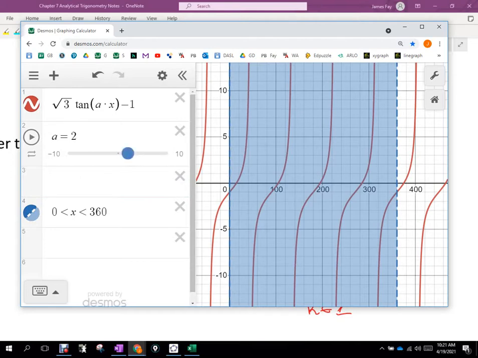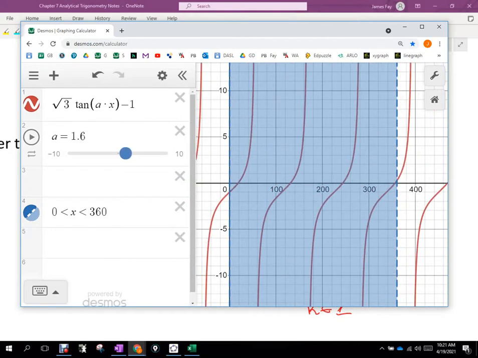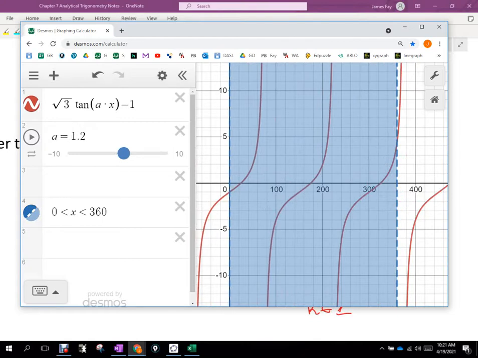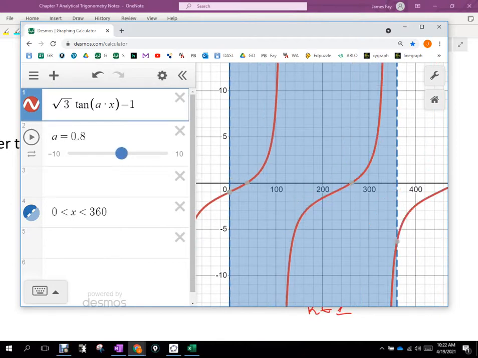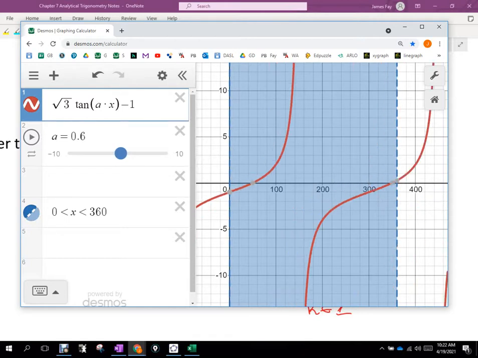Well, when I go the opposite direction, and my multiplier for this a here is between 0 and 1, that is a horizontal stretch. And you can see now these x values are getting pulled away from the origin in both directions.